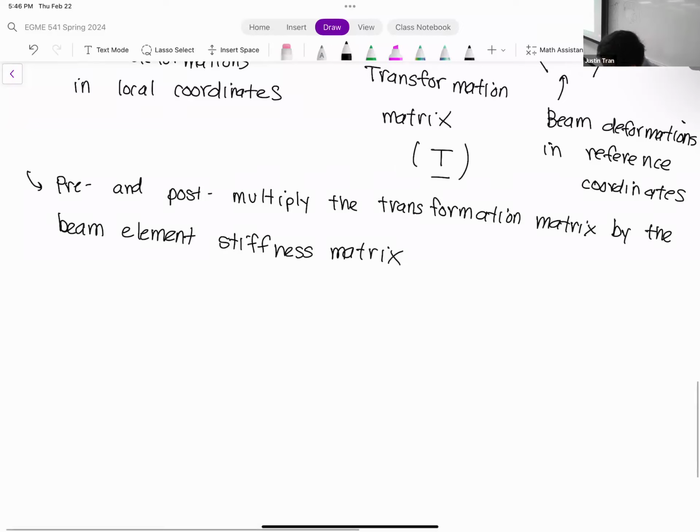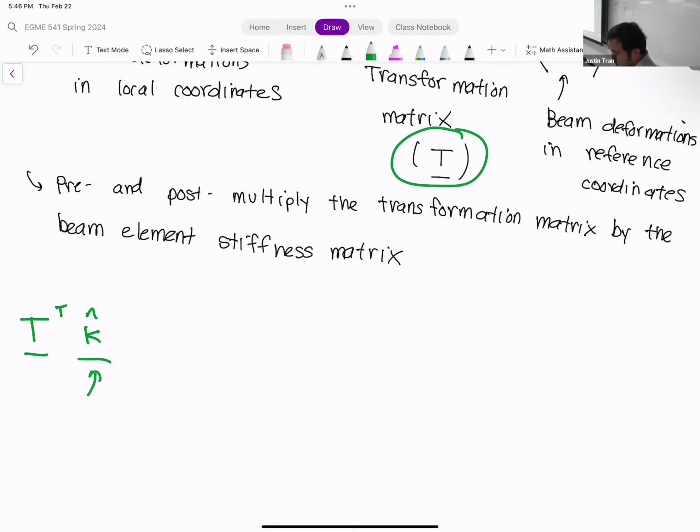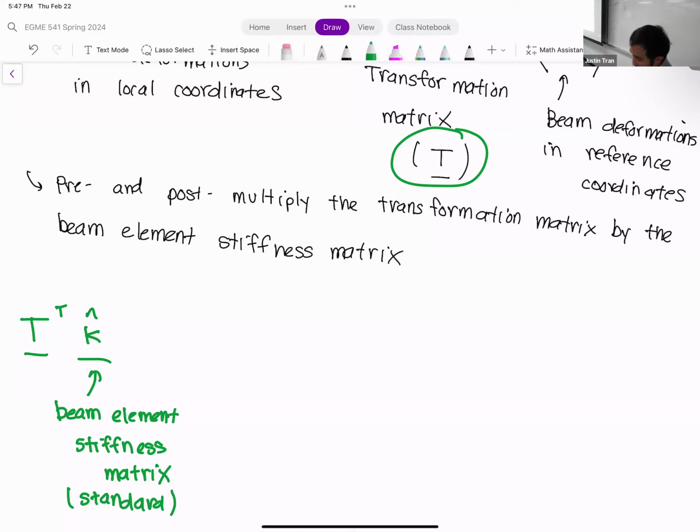Our transformation matrix is T underscore. We're going to pre-multiply by it, so we're going to have T underscore transpose multiplied by K. This K right here is our beam element stiffness matrix that we used previously last week. So this is the standard one that we have been using basically. And we're going to post multiply this by the transformation matrix again.